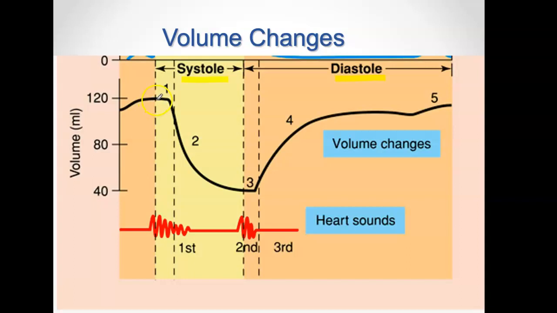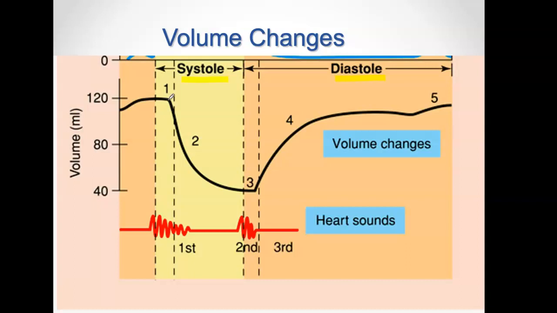And then it's going to stop filling, and it's going to be a certain volume for a little bit until it starts to squeeze, right? And it contracts, nothing happens, contracts, nothing happens, until it's going to overcome the pressure of the semilunar valves. So that pressure gets so big, then finally it starts ejecting.